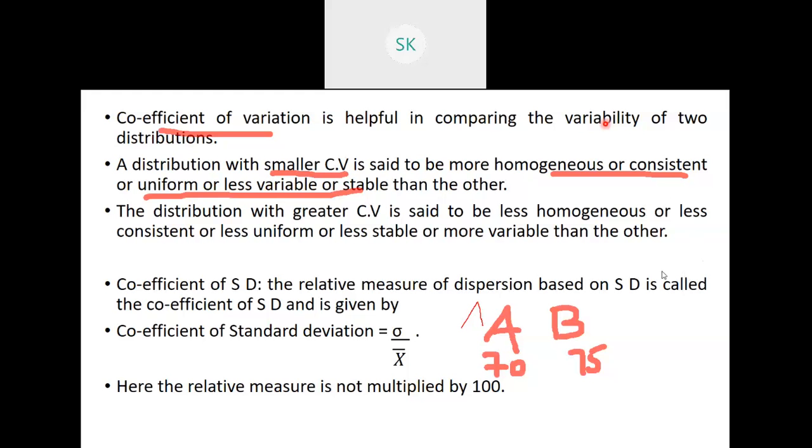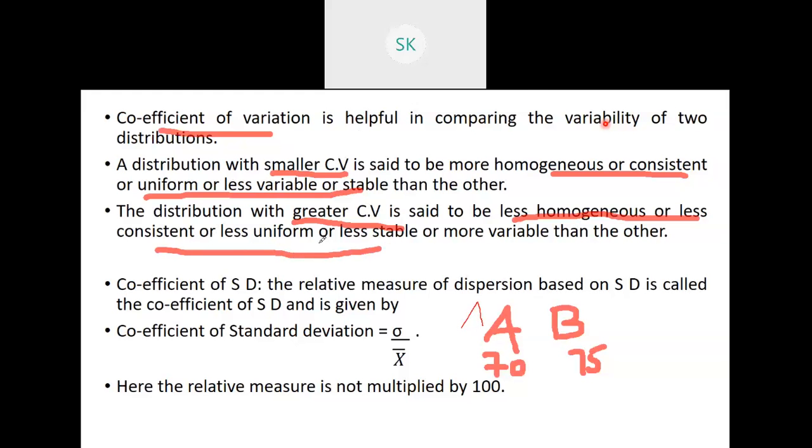This point will be helpful for us in the problems to make a decision. We'll see how that is done in the problems. Next, the distribution with greater CV is said to be less homogeneous, less consistent, less uniform or less stable. If you have too much coefficient of variation, the situation will be less stable and we will not be able to make a decision.